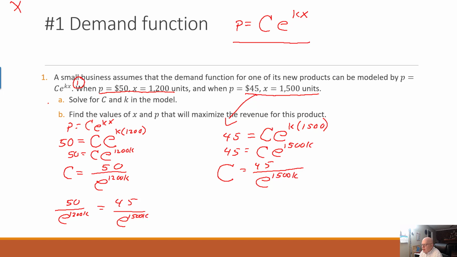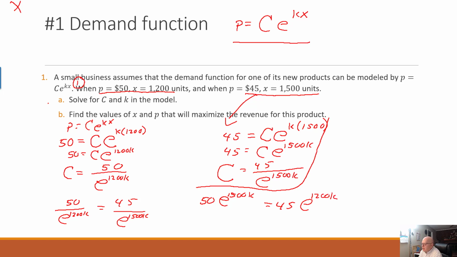Now we can cross multiply, and I'm going to steal a little bit of space in here. So we'll have 50 e^(1,500k) equals 45 times e^(1,200k).